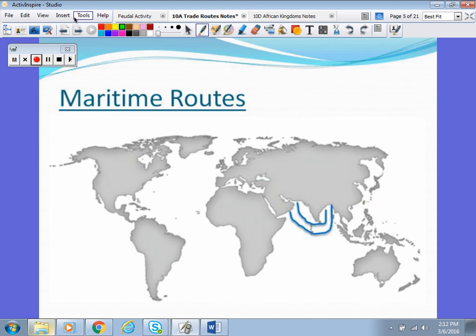All right, our next one are our maritime routes, and specifically they're in the Indian Ocean. Okay, maritime means over water. Our Indian Ocean trade routes are going to connect the Middle East, West Africa, India, and China, all by water. Now, we just talked about the Silk Road covering most of those areas and connecting them by land.